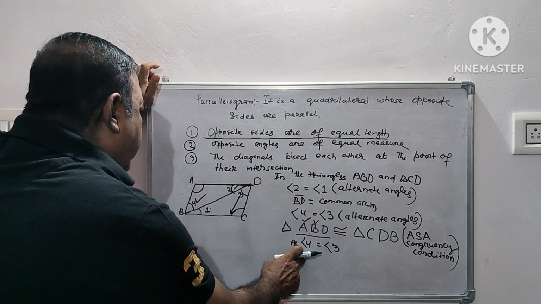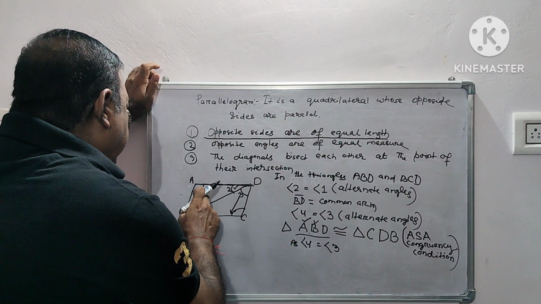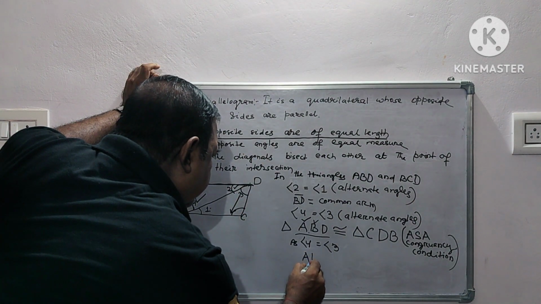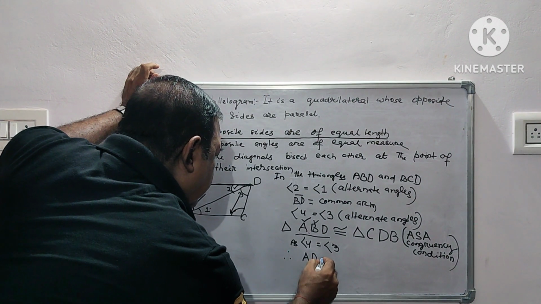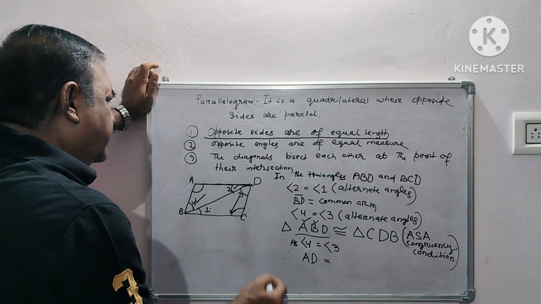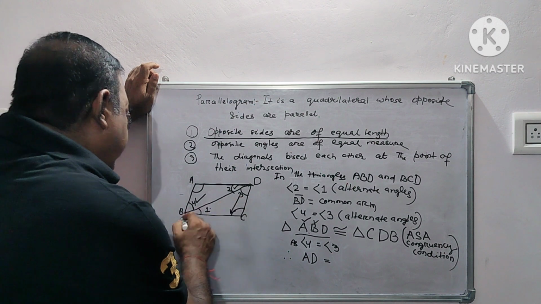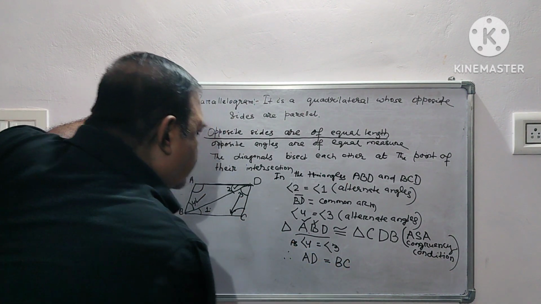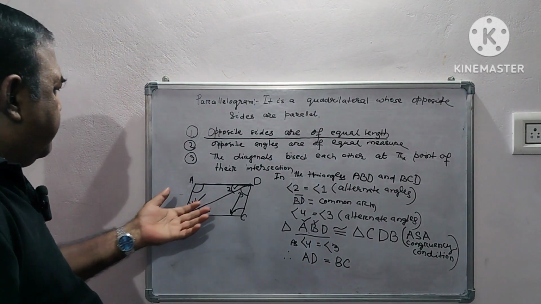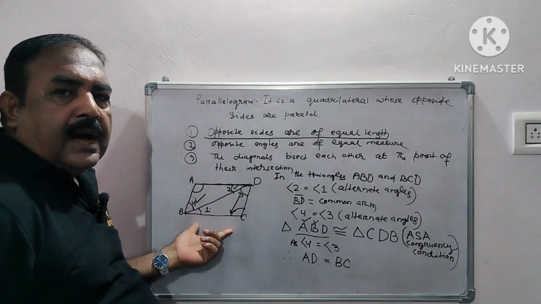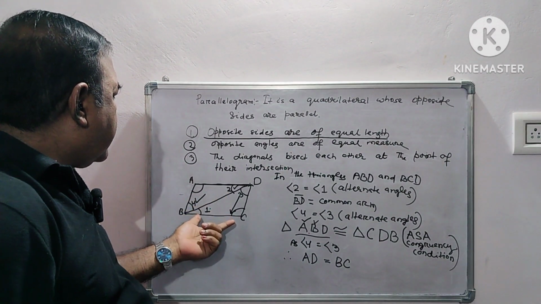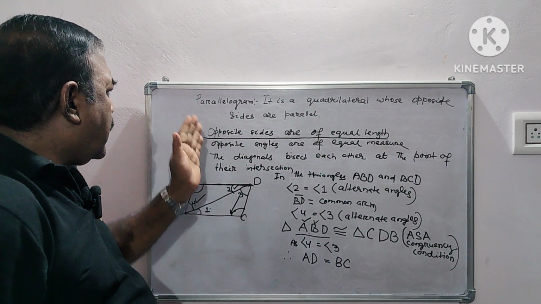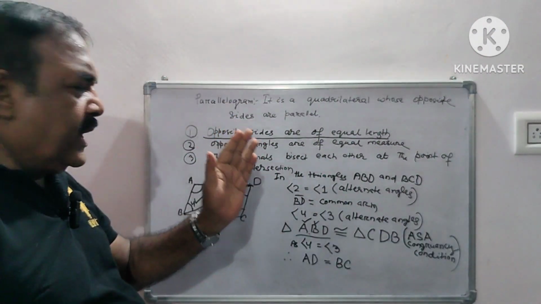So the opposite side of angle 4 in the ABD triangle is AD. That is equal to the opposite side of angle 3, BC. So you see, both AD and BC are the opposite sides of the parallelogram. So we prove that the opposite sides are of equal length.